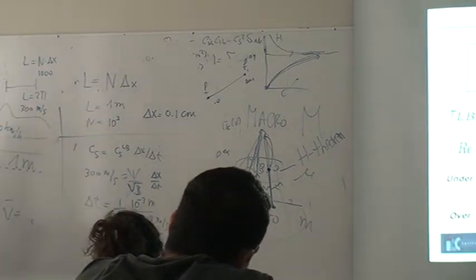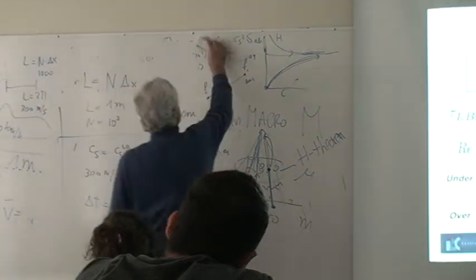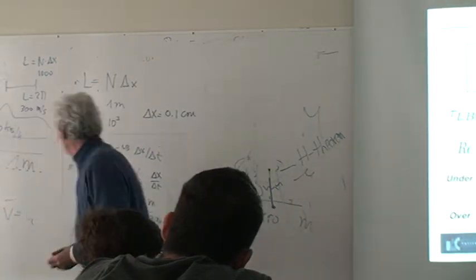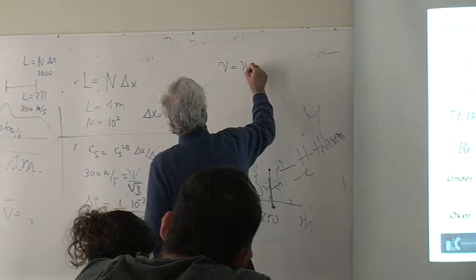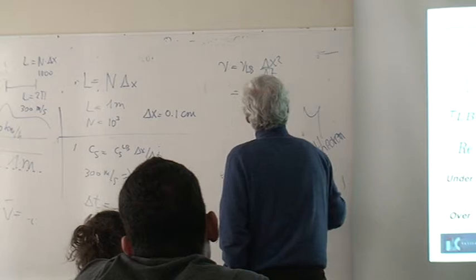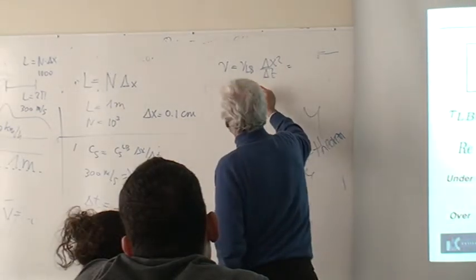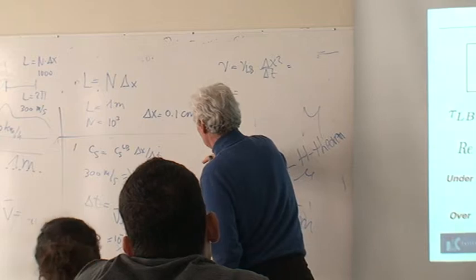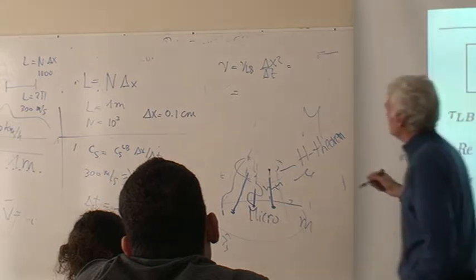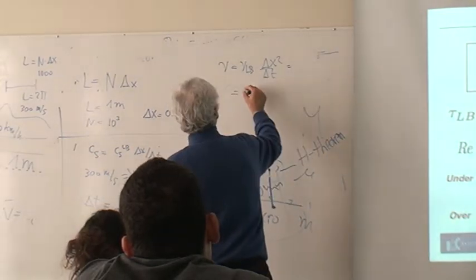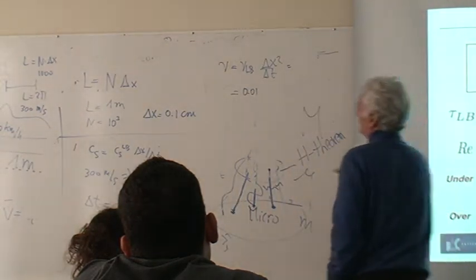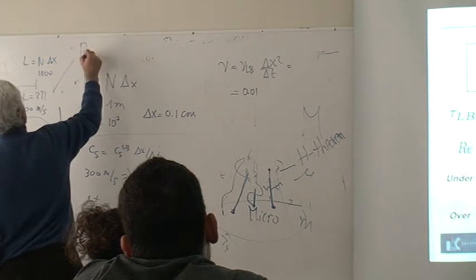So what is the viscosity at this point? I have no clue. We'll figure it out. The viscosity is the viscosity LB, delta x squared over delta t. I've chosen the viscosity based on this criteria, so I know that my viscosity LB is 0.01 because I want to have the same Reynolds number, which is 10 to the 4.